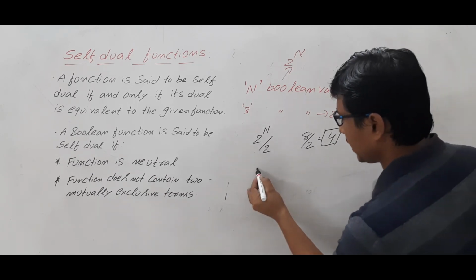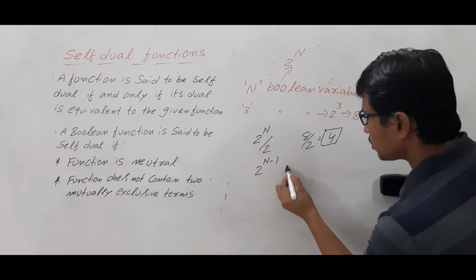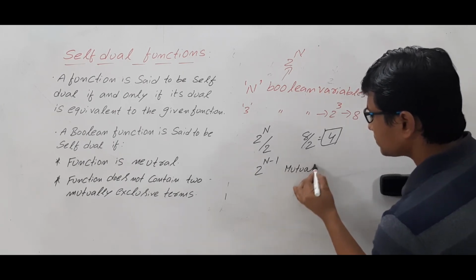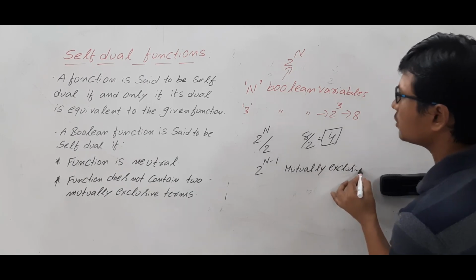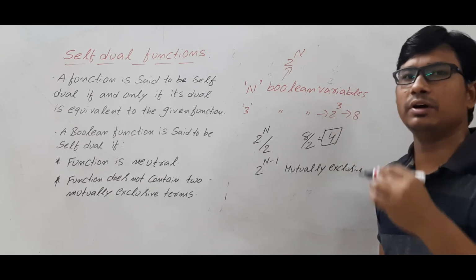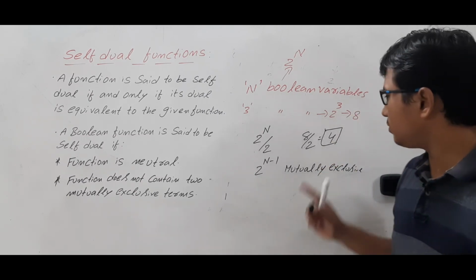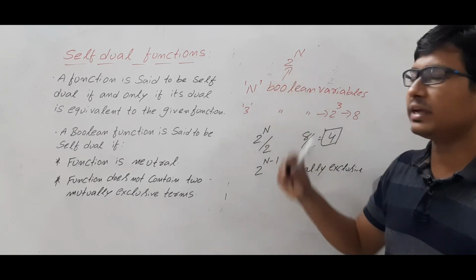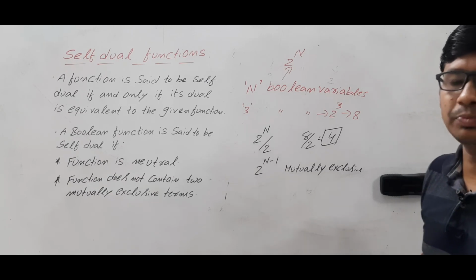So I can write it as 2 power n minus 1 mutually exclusive terms are possible. Are you able to understand? Just now we have discussed 0, 7, 1, 6, 2, 5, 3, 4 are the mutually exclusive terms. So similarly we got 4 mutually exclusive pairs. So if you have n Boolean variables, you will have 2 power n minus 1 such pairs.